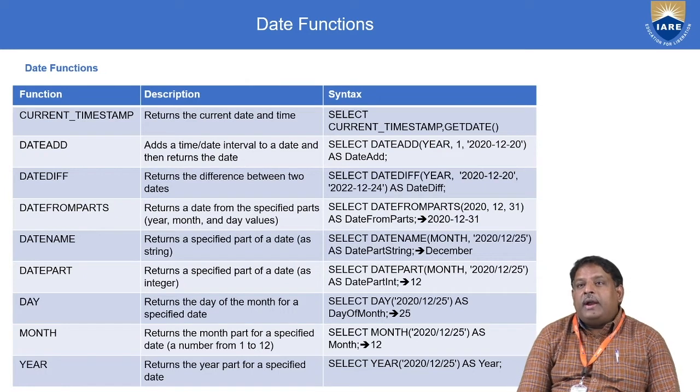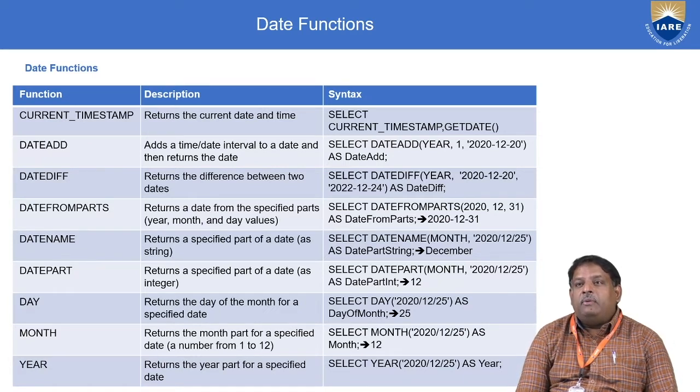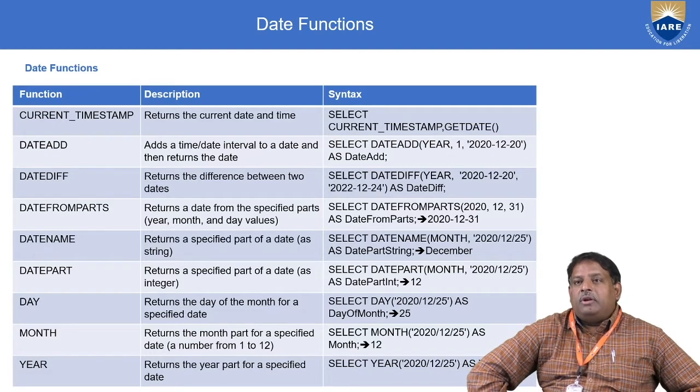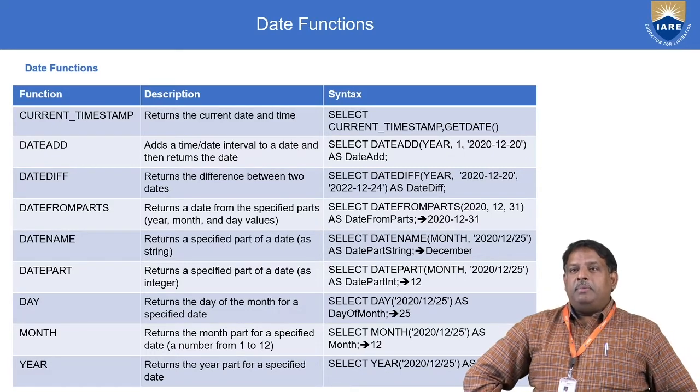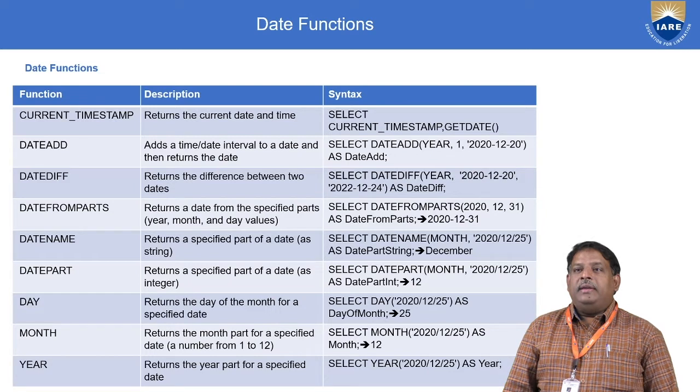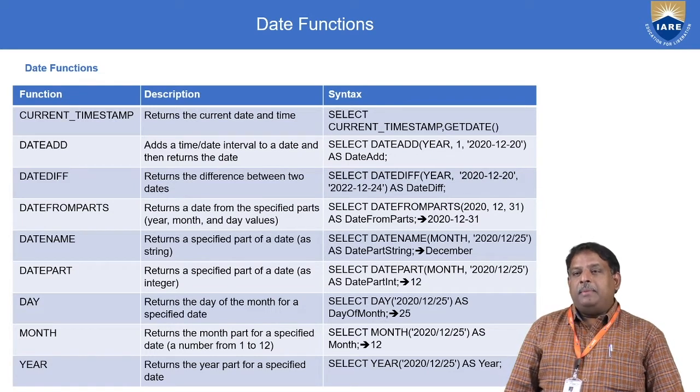How much to add? 1 year. To what do I want to add? To the current date. So I say select date add of year, 1, comma, current date. This will give me exactly the next year, same date, plus, as you are adding 1 year.